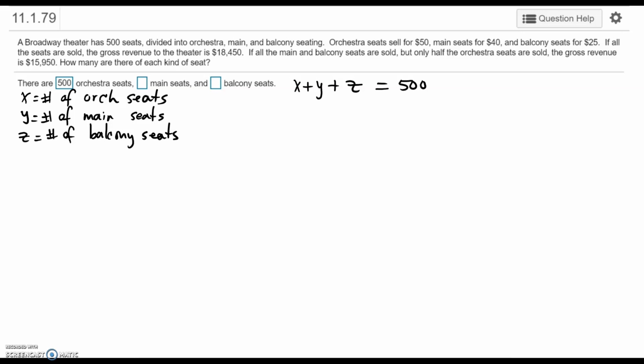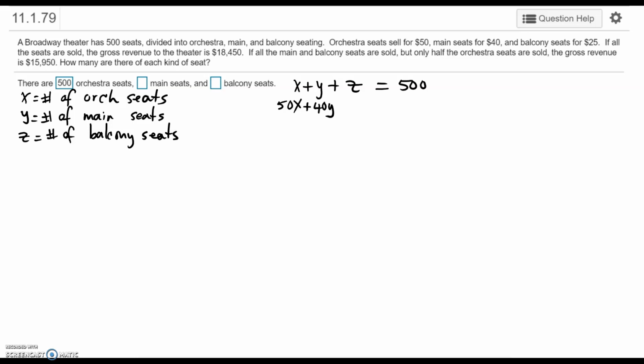So the revenue for selling orchestra seats will be 50 times X. Add that to the revenue you get when you sell main seats. It's going to be $40 for each main seat. So the number of main seats is Y, and that gives me 40 times Y.